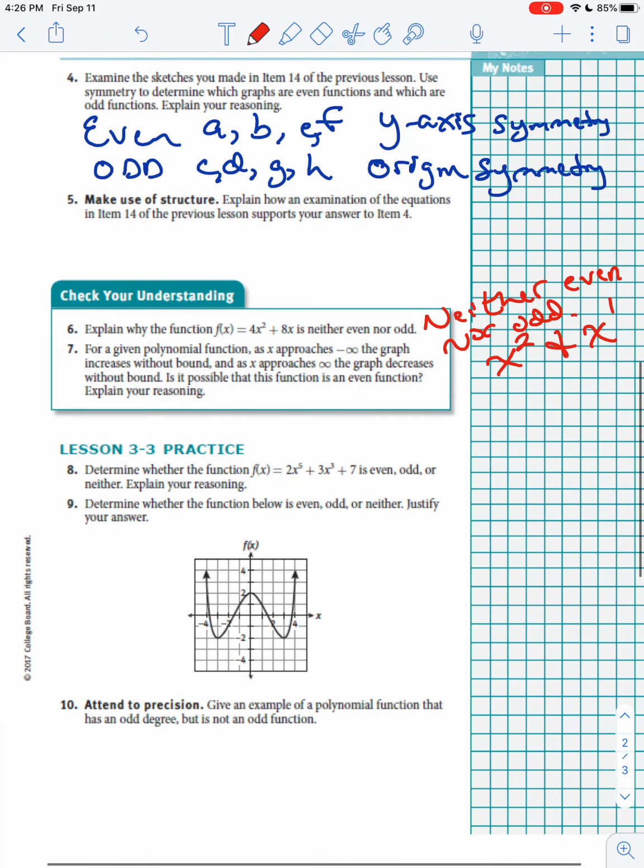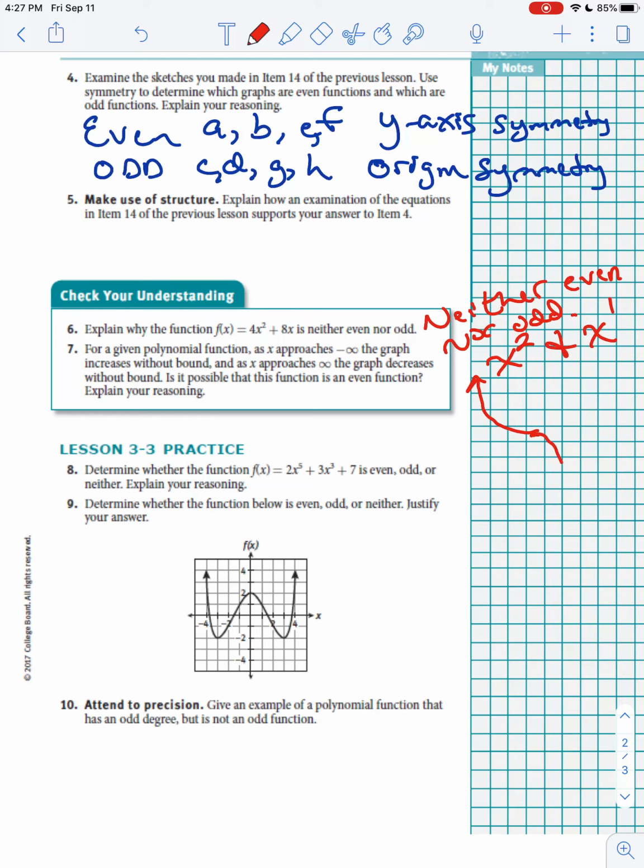Okay, let's look at number 7, because this kind of brings back yesterday's lesson. For a given polynomial, as x approaches negative infinity, the graph increases without bound. And as x approaches infinity, the graph decreases without bound. Is it possible that this graph is even? Well, let's just get a little picture of that. As x approaches negative infinity, we're increasing.